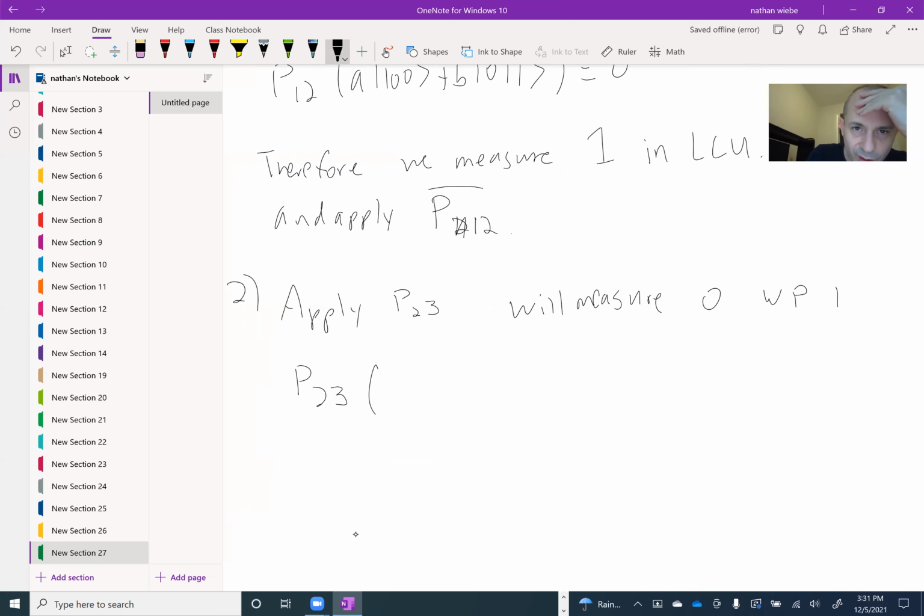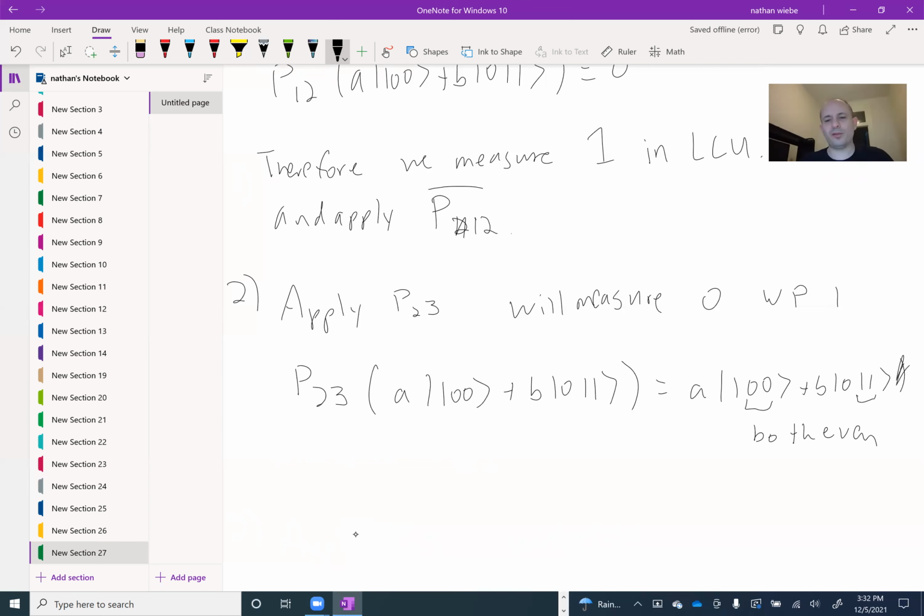The reason why is that for P23, our state after the projection is A100 plus B011, and these two parities are both even, and therefore the projector is trivial acting on this. And so when we go through the linear combination of unitaries circuit, the probability of us applying the orthogonal projector is 0. So therefore, this will succeed with probability 1.